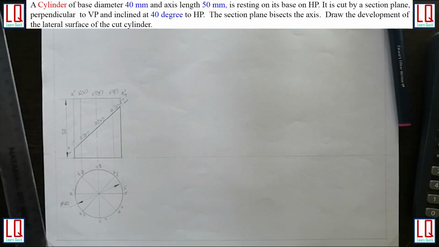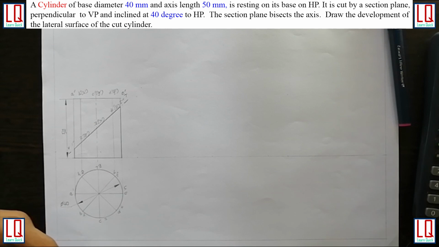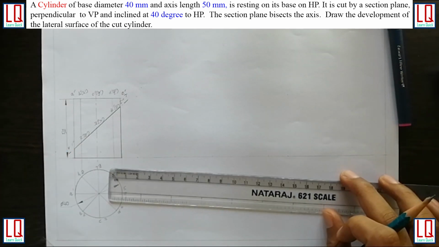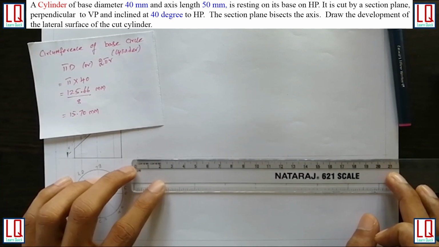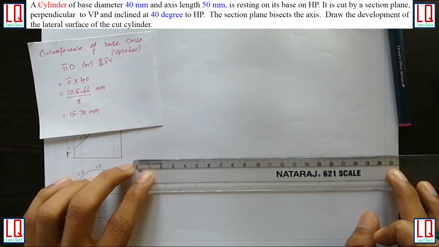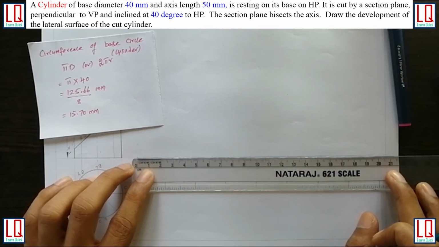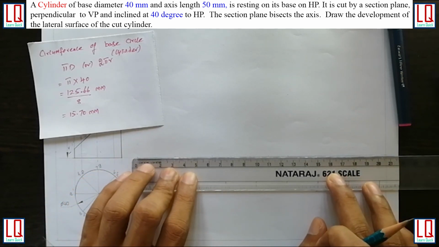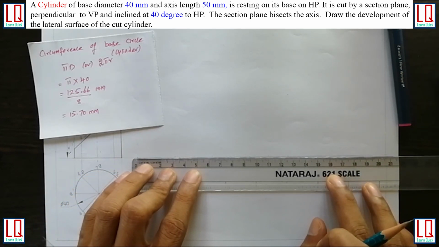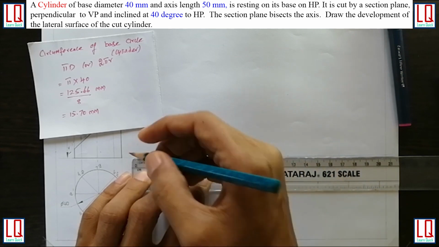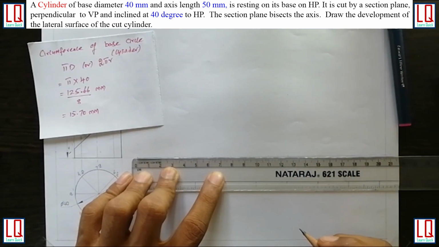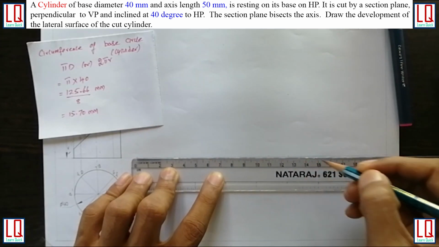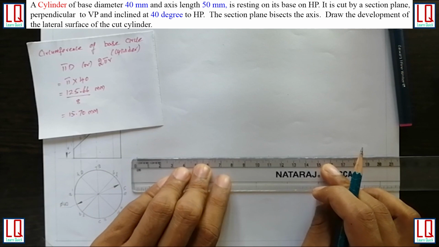Okay. So now we will mark 125.66. You can start from anywhere, and then mark 125.66. Okay, so now I'm going to divide into 8 parts.